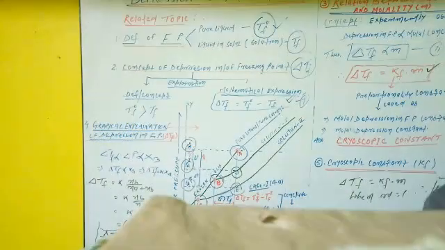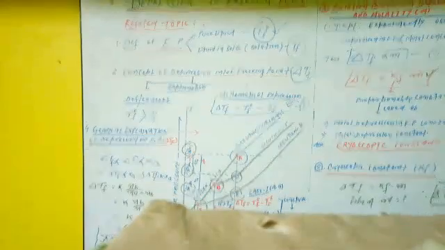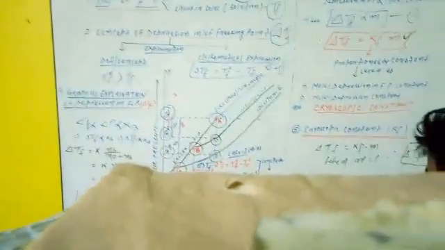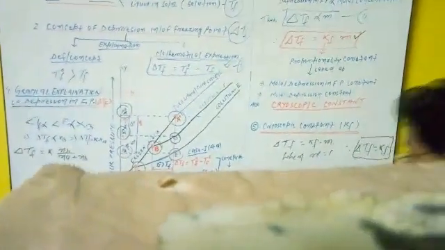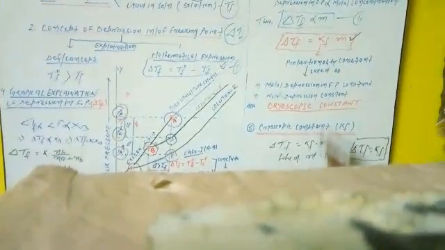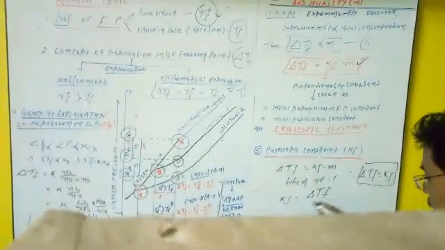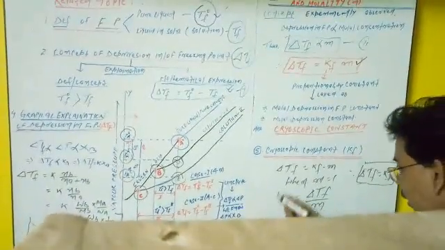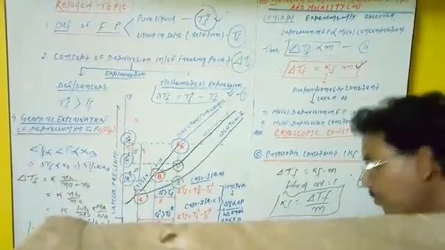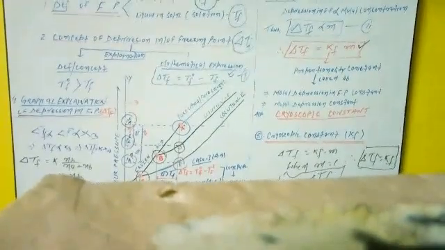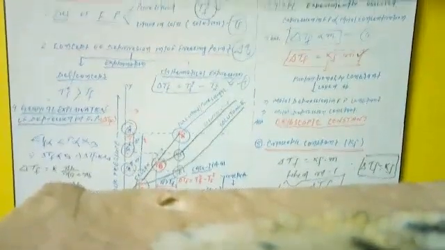Thus, according to this definition, Kf is given by Kf equal to delta Tf by molality. This is the first form of the cryoscopic constant, by which we calculate it.